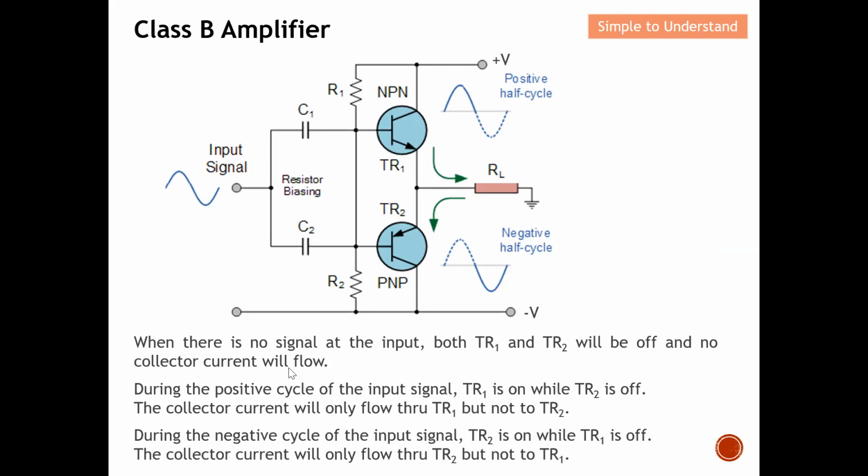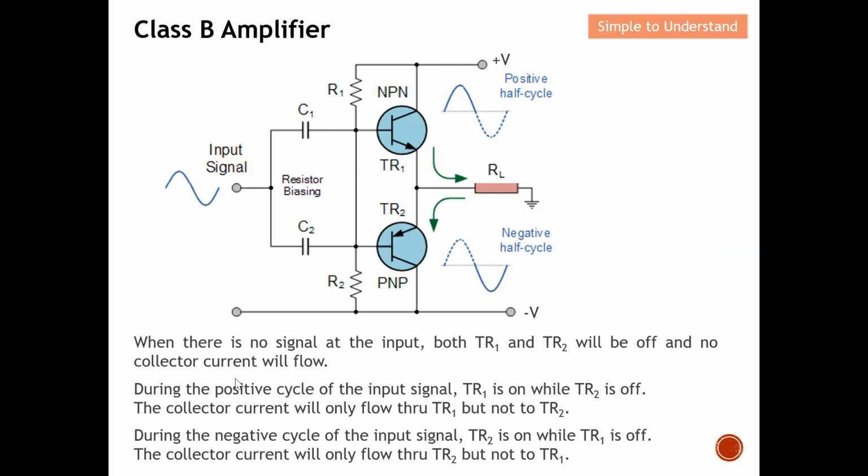During the positive half cycle, which is this part here, the NPN transistor will be on. Because this is an NPN, anything that is positive over here, this transistor will be on. As this is a PNP transistor, anything that is negative over here, the transistor will be on.